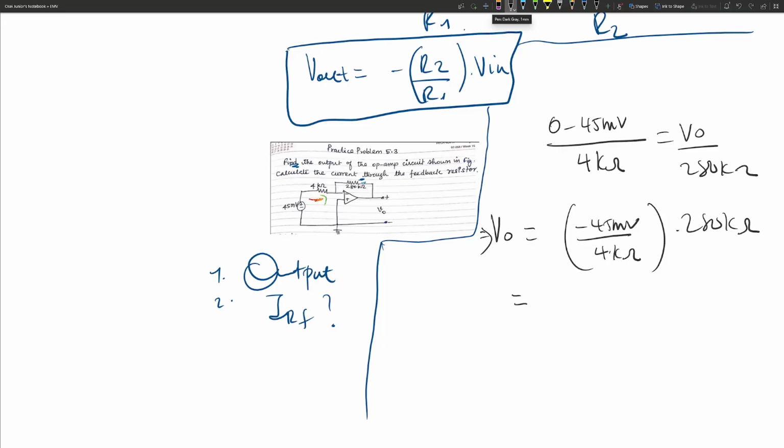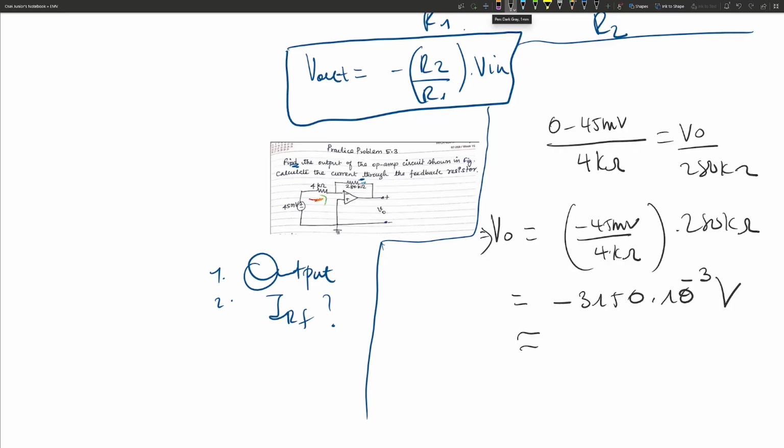And if you punch it into your calculator, you should be getting something like minus 3150 times 10 raised to the power minus 3 volts. Please don't forget to bring your units.